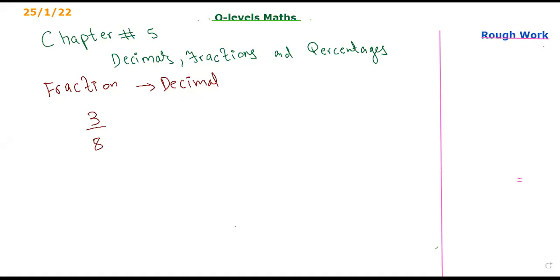So how do we do such questions? Yes, anyone? We are going to divide this fraction. Very good. The number which is the numerator comes inside, and this number comes here. Now, obviously, 3 is small. We can't start our working directly. We need a decimal so we can take 0. Now we have 30. What next?